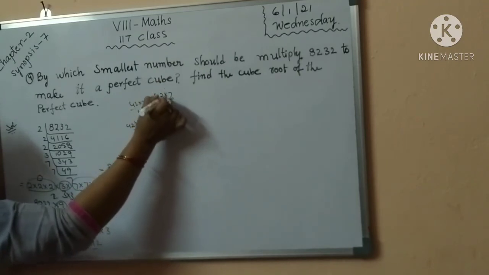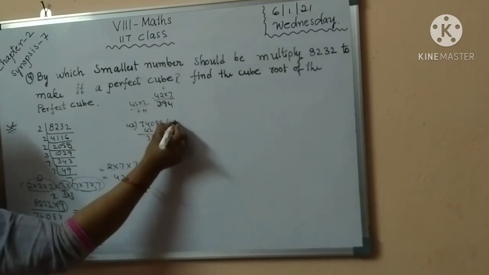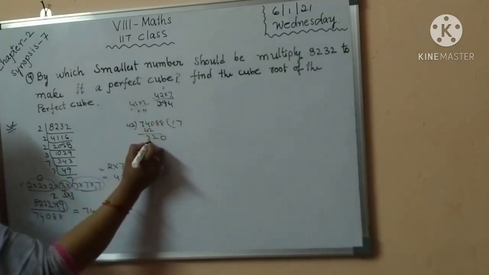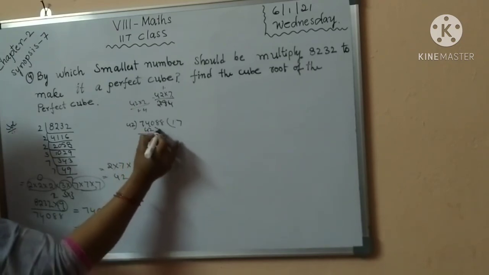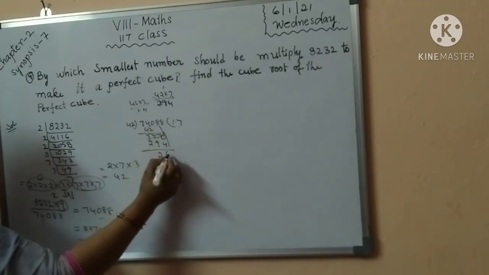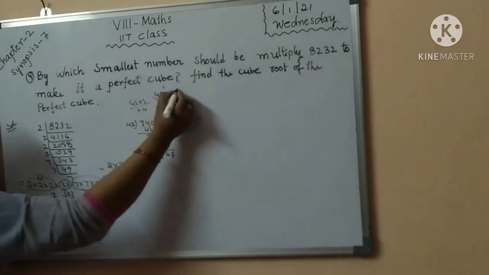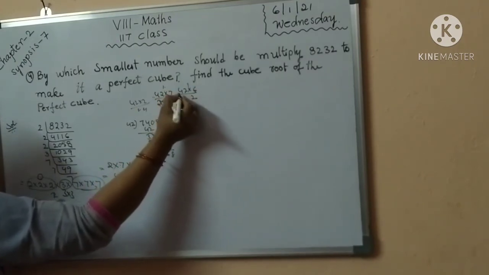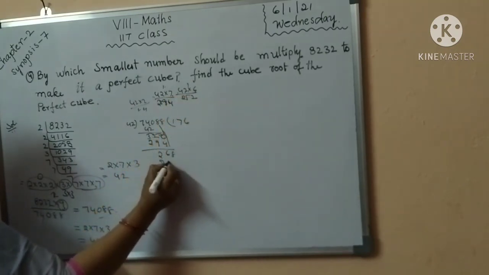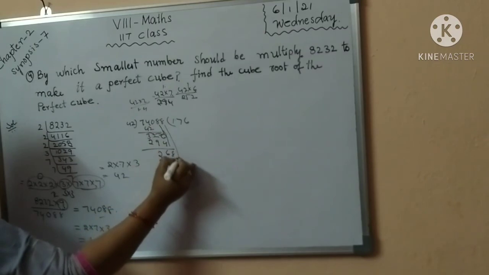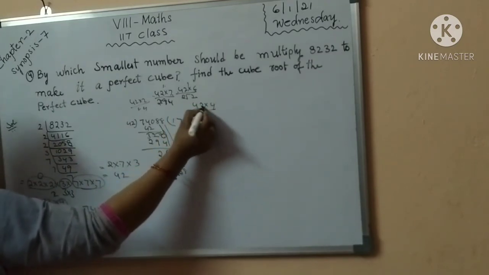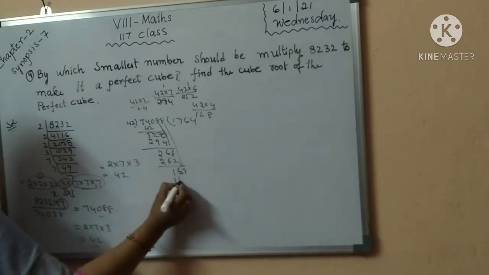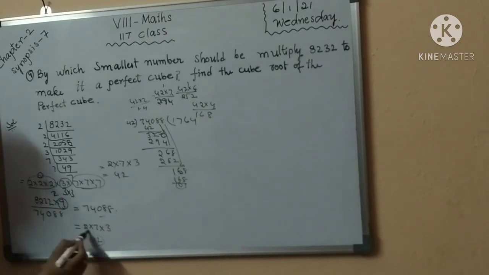Trying other multiples, 42 into 7 is 294, so that is not possible either. Continuing the division with the remaining digits, 42 into 4 times gives 168. The remainder is 0. So 42 is the cube root.